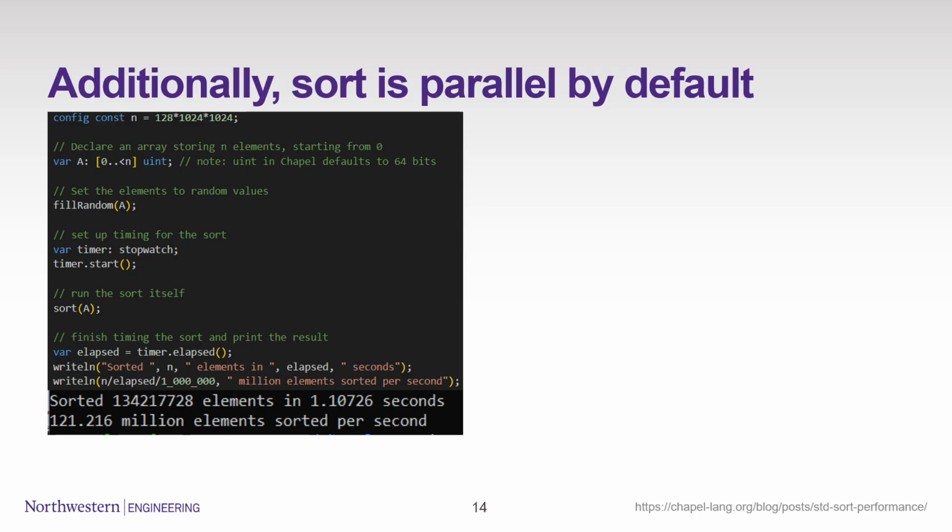Additionally, in the language Chapel, sort is parallel by default. You can see this code sorts an array of around 134 million elements in 1.1 seconds, around 121 million elements sorted per second.